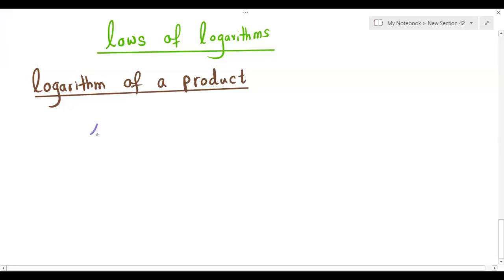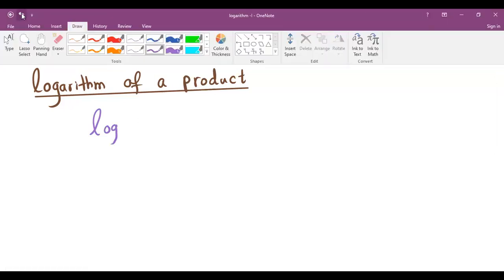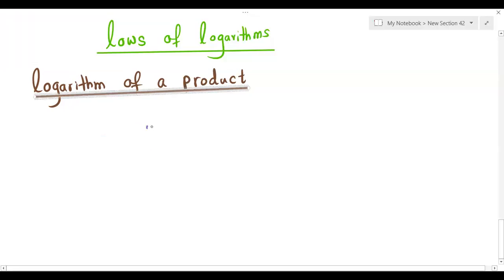Then look at this. There is a product. The product x into y can be written as xy. This is called a product. When two or three algebraic terms are written together, it is a product.